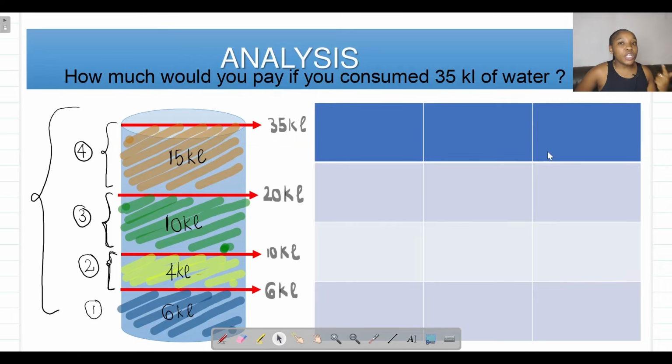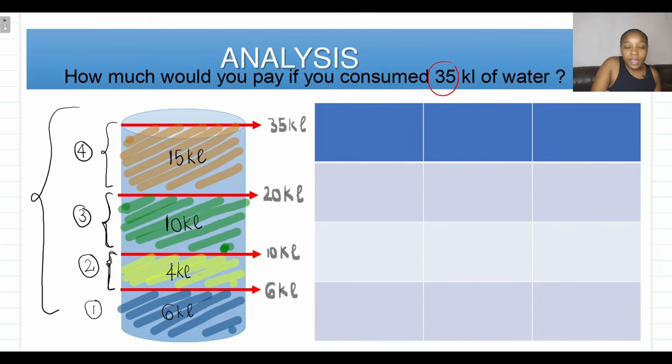Then we need to ensure that the amount of water we've calculated in each step adds up to the amount of water asked in this question. So here we need to calculate how much you would pay if you consumed 35 kiloliters of water.